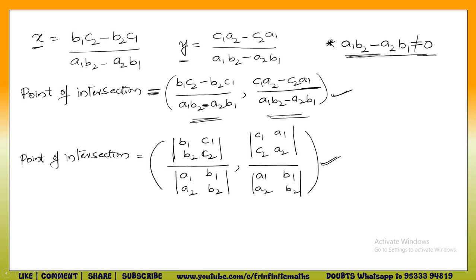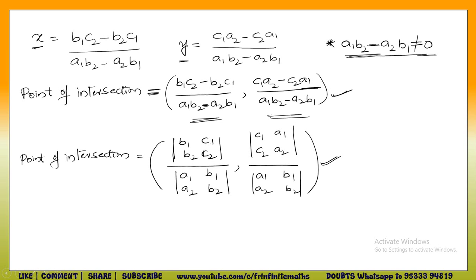So this condition is nothing but the parallelity condition. If it is equal to 0, then we can say that the lines are parallel. If lines are parallel, there won't be any point of intersection, right? So if there is no point of intersection, there is no need to find it. You need to keep this in mind while solving problems.